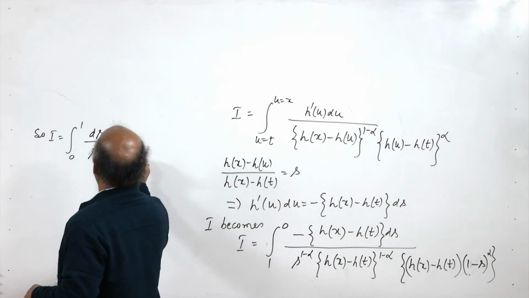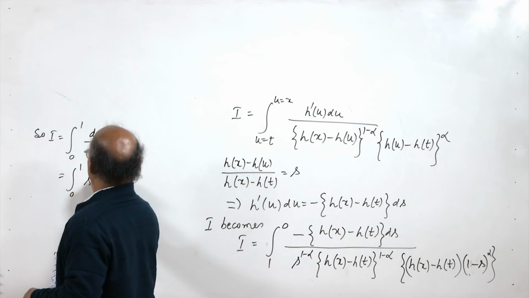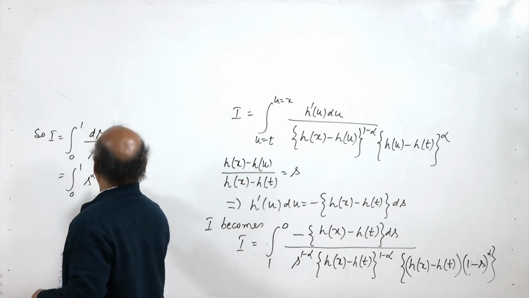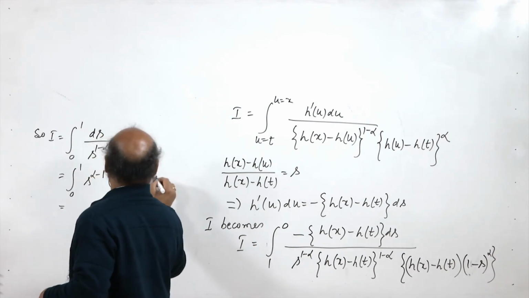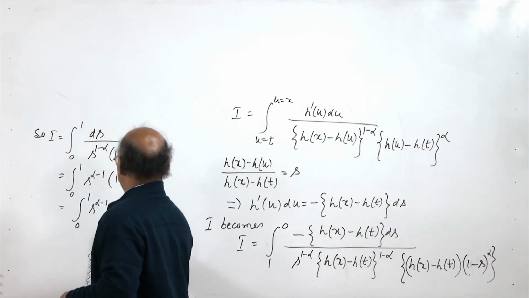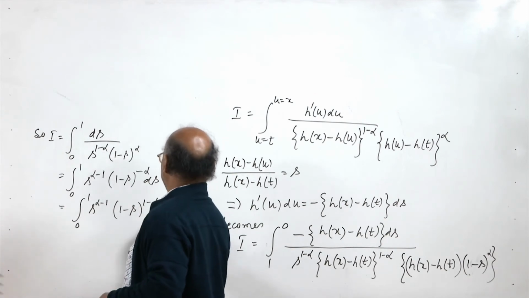which can be written as integral 0 to 1 s to the power alpha minus 1 times (1 minus s) to the power minus alpha, which is nothing but integral 0 to 1 s to the power alpha minus 1 times (1 minus s) to the power 1 minus alpha minus 1 ds.